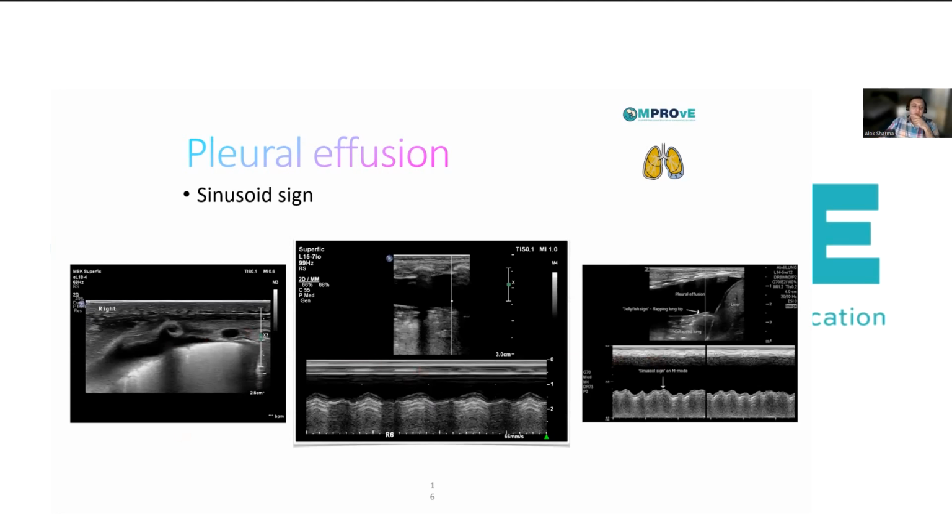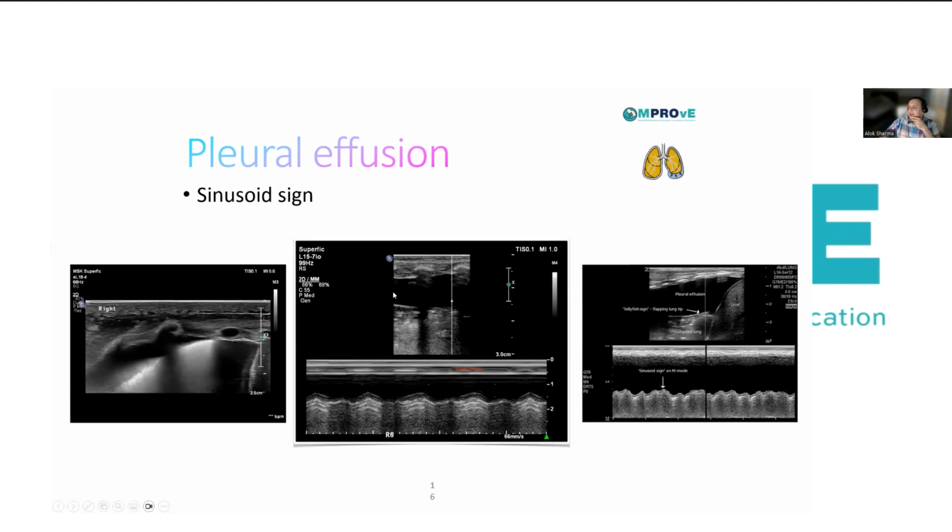And again, what I would say from my perspective is that when you look at the sinusoid sign, the sign is basically produced on M mode. So this is the Chord sign, as you can clearly see with the arrows. But when I put my M mode, pretty much just at the level of the visceral pleura, the lung flapping of the visceral pleura basically creates a margin, from my perspective, which is quite wavy.